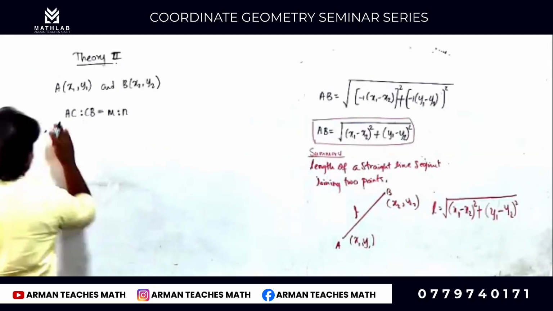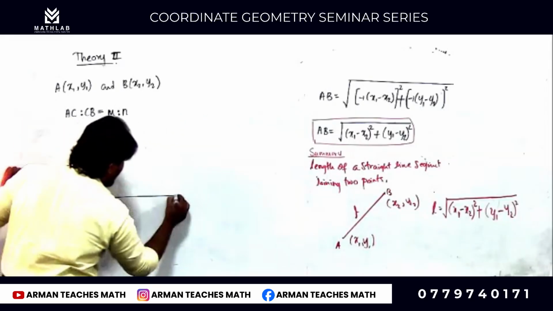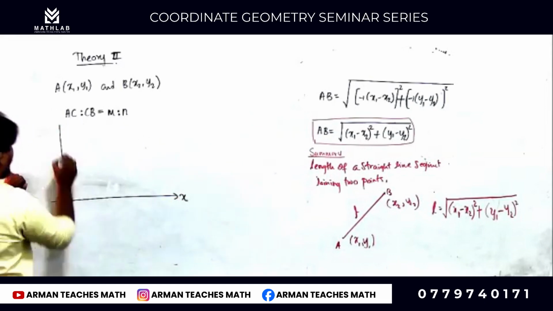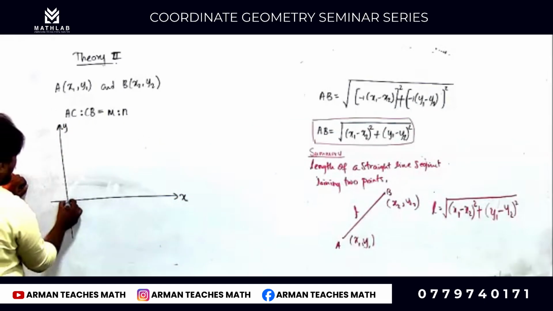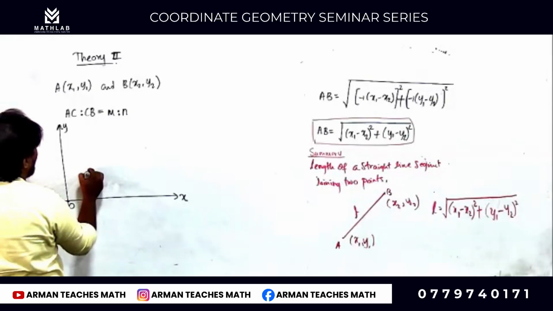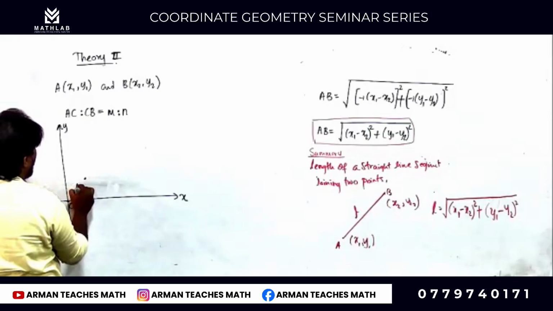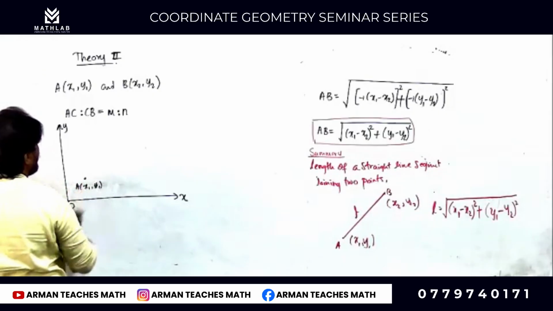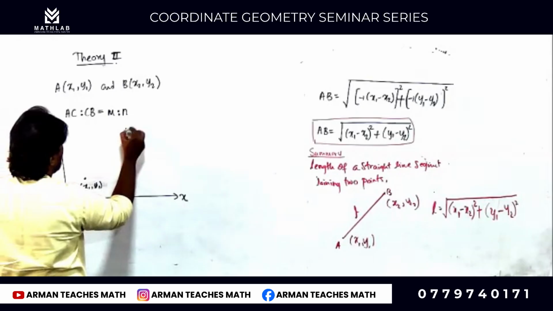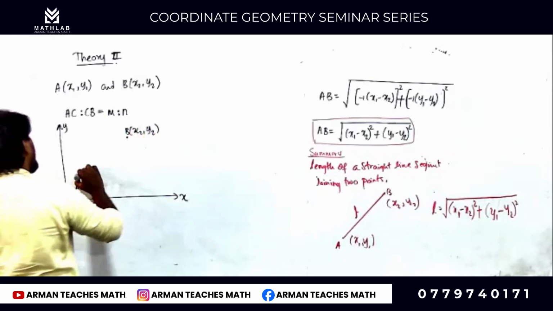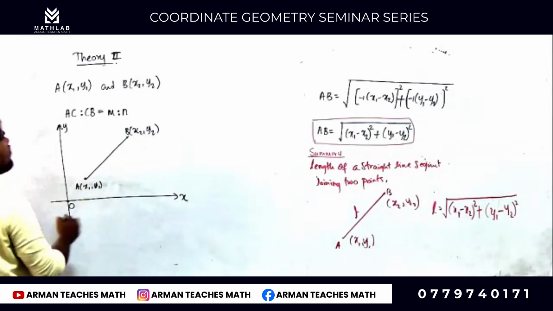So let's take the x-axis and y-axis, origin. We have a capital A point here, x1, y1, and then capital B point here, x2, y2. This is our AB straight line segment.